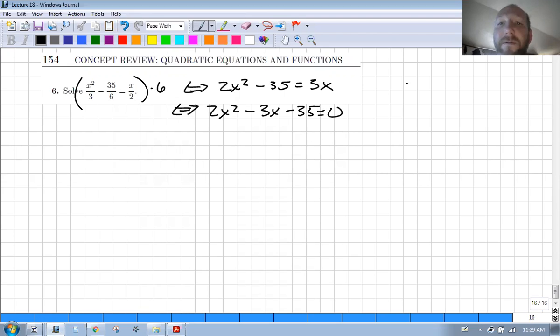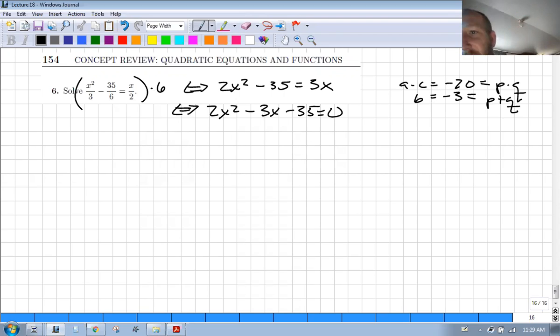All right, now I'll do my a times c, which is negative 70. b here is negative 3. So two numbers that multiply to give us negative 70, but add to give us negative 3: a negative 10 and a positive 7.